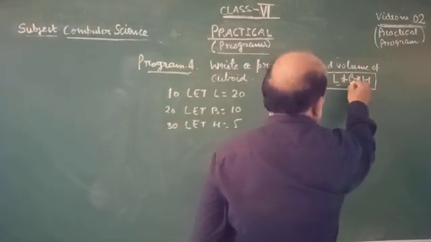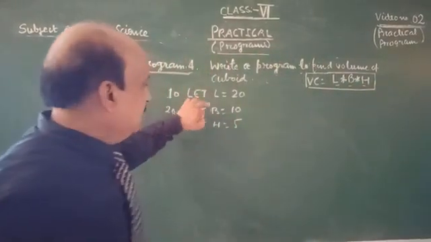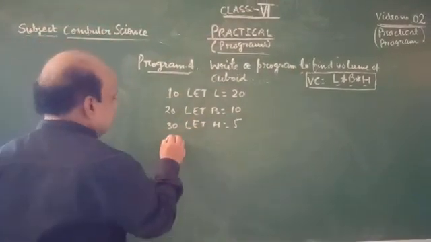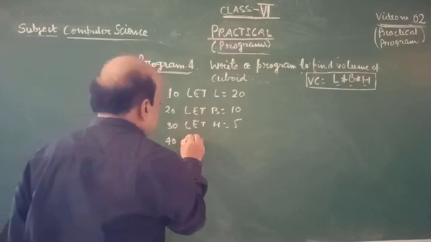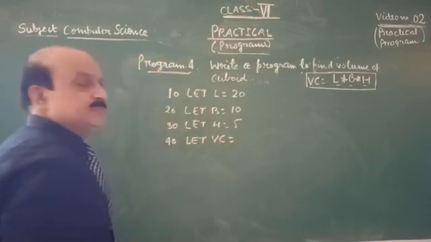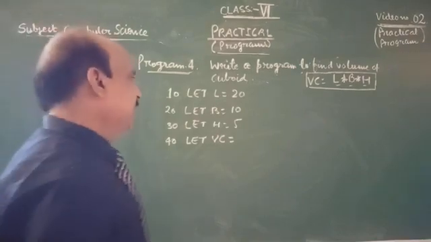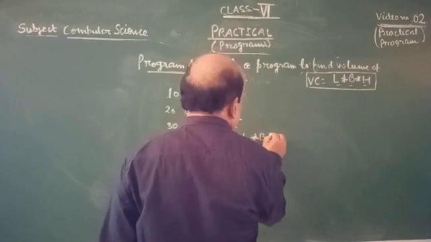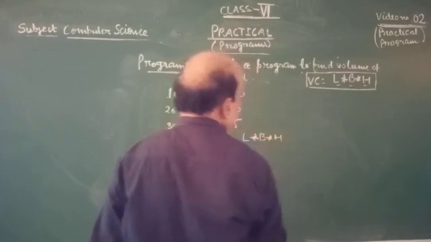So these three values I have inputted here, L, B, H. It depends upon you, any value you can take. After that you will use the formula, let VC, volume of cuboid, the formula you will write L into B into H.